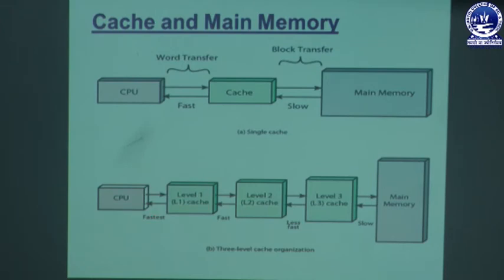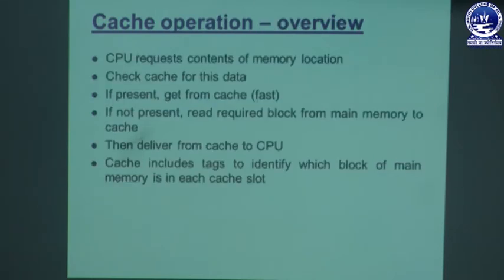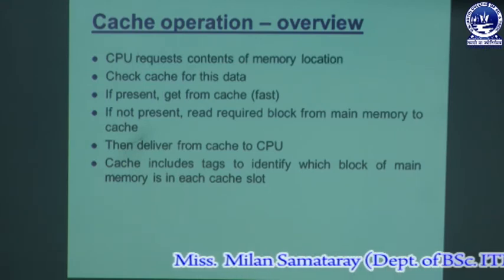Okay. So the next concept is cache operations. Actually, how the cache memory operates, or why we use the cache memory in a system. First, the CPU requests the contents of a memory location. As I have discussed in our previous lectures, every time the processor requests some data or information from the memory.